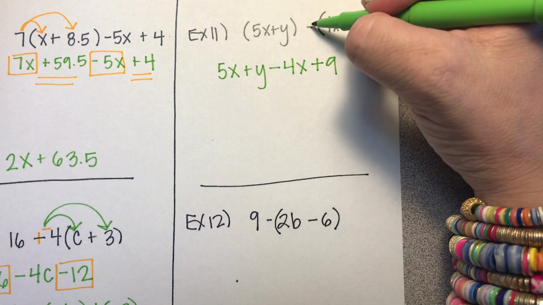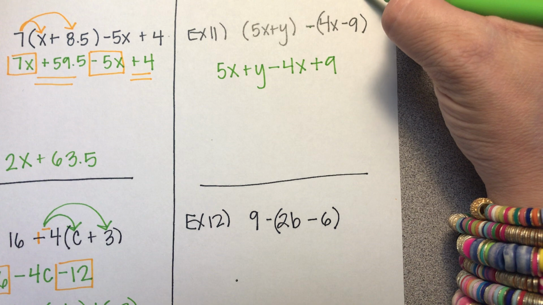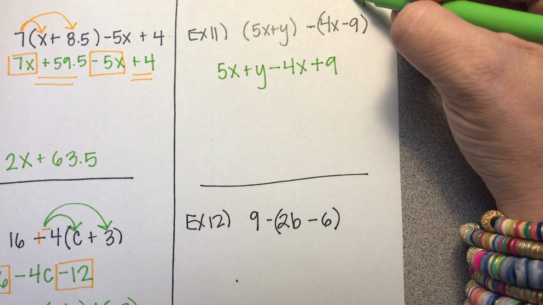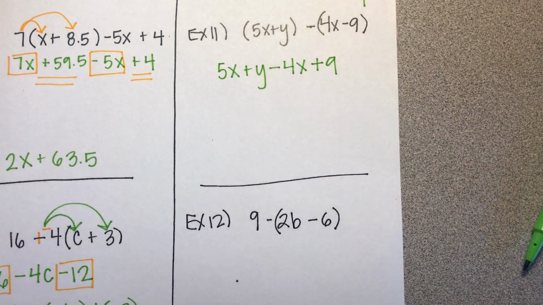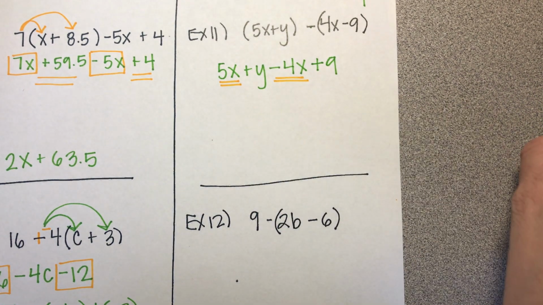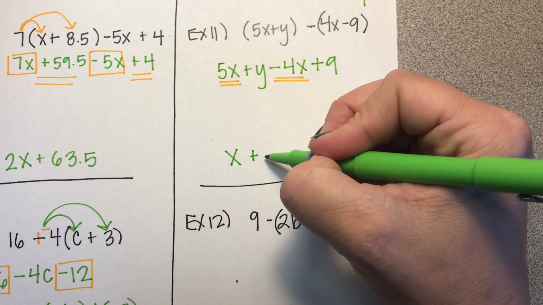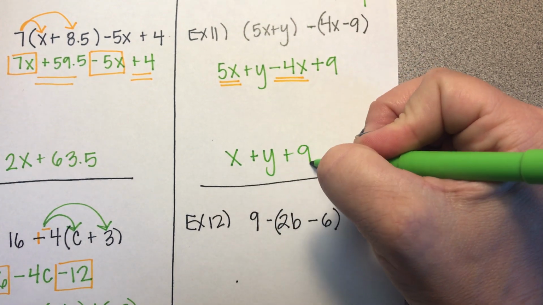So again, I'm taking away 4x, and then I'm taking away subtracting 9, which becomes plus positive. So now when I'm looking for my like terms, I can put together 5x minus 4x is x, and then I have this y and a 9.